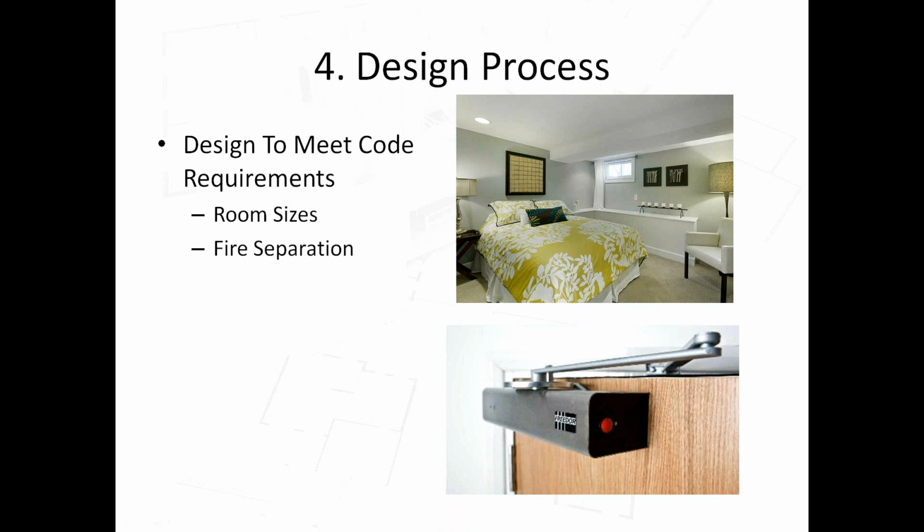What they ask for is 45-minute separation, which means that you want to use materials, fire doors, and drywall ceilings and partitions that will give you a minimum burn time of 45 minutes. If the house is 5 years or older, the minimum requirement then is 30 minutes. But if you're doing things new, then they're going to want to have that 45-minute separation.